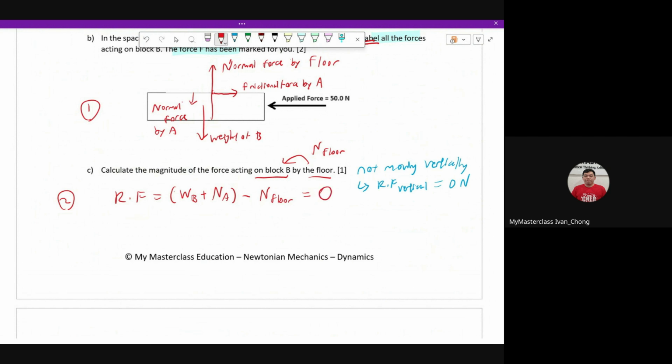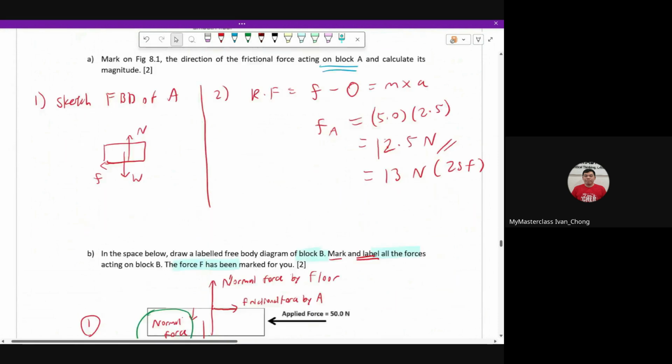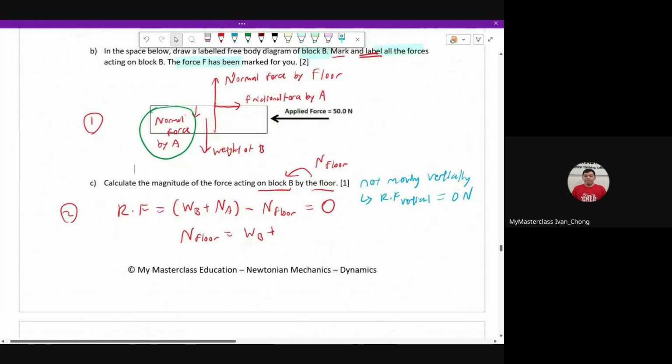Okay. So what does that mean? End of my floor is going to be the weight of box B plus end of A. Now, what is this normal force that we are looking at here? If you think about it, this normal force is actually the weight of A, because you press on B itself. So this is actually the weight of A.